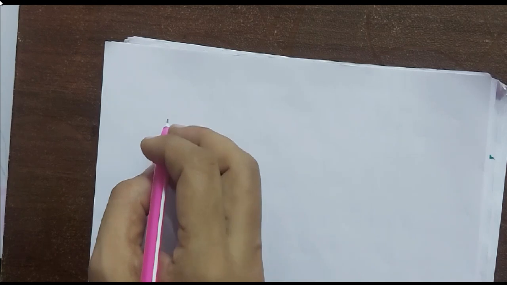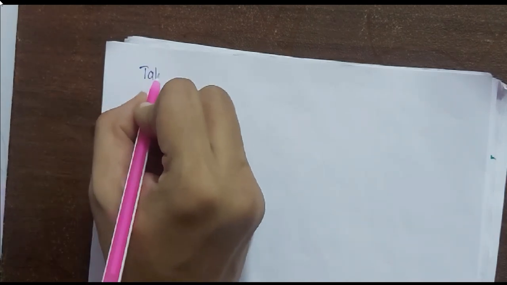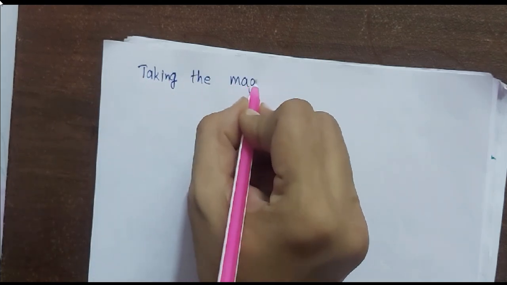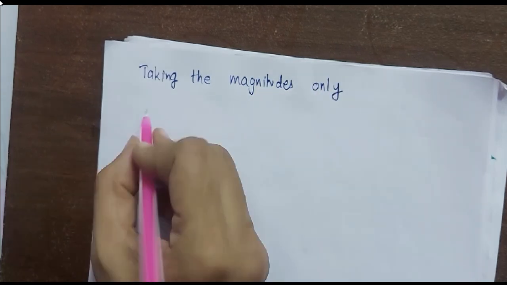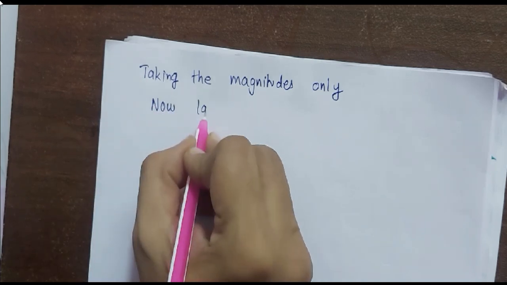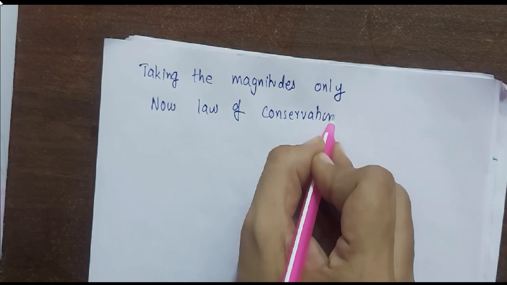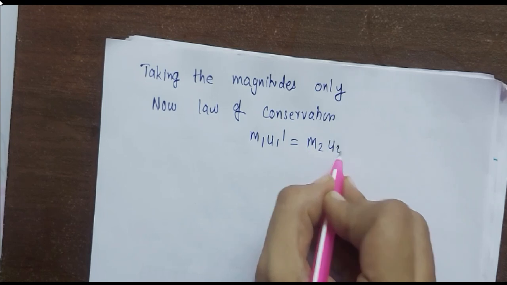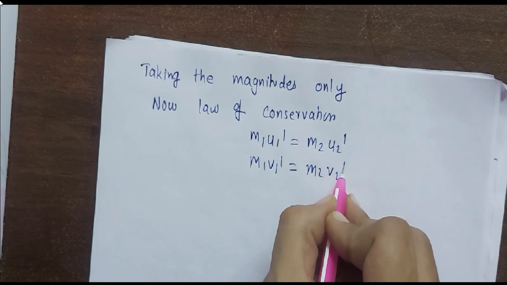Now, law of conservation we will use. Taking the magnitudes only of the previous equation, we will only consider magnitude. So now for law of conservation, we will get m1 u1 dash is equal to m2 u2 dash, and m1 v1 dash is equal to m2 v2 dash.